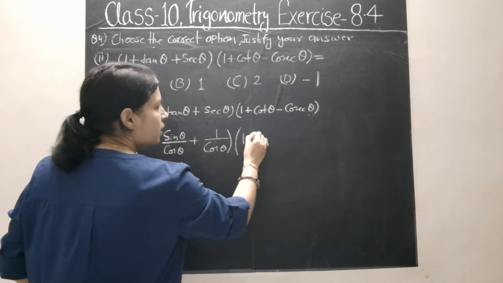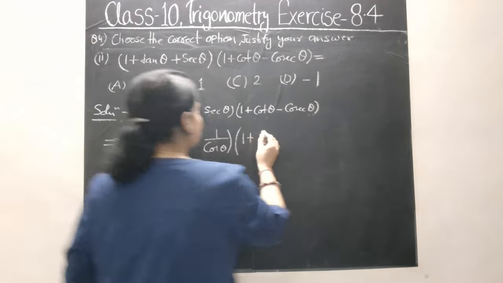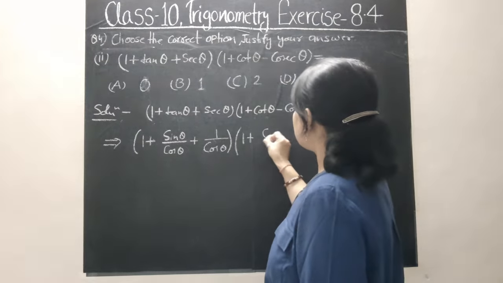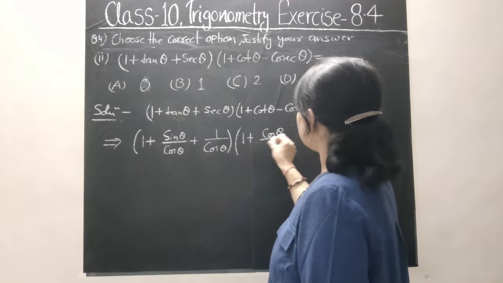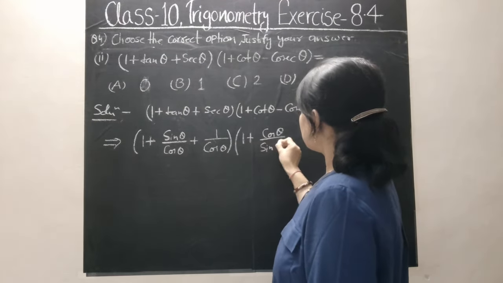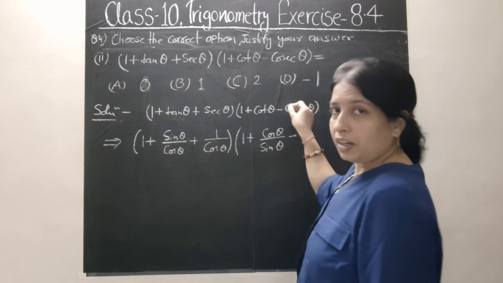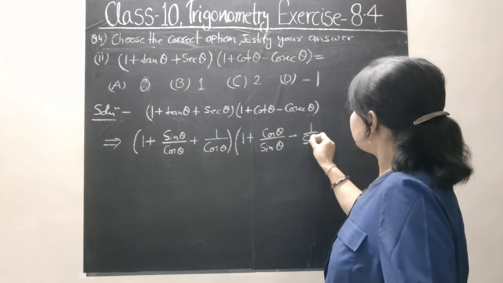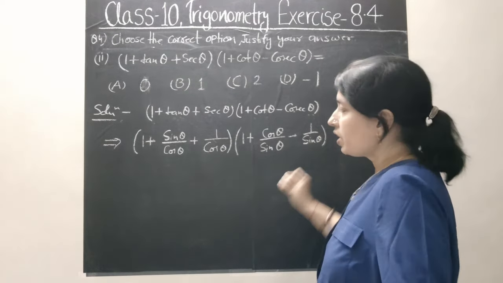Plus write again. Here it is given cot theta. For cot theta we can write cos theta by sin theta. So write cos theta divided by sin theta. In place of cosec theta you can write 1 by sin theta.